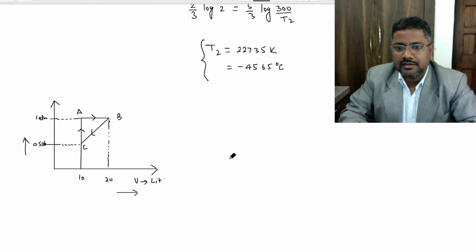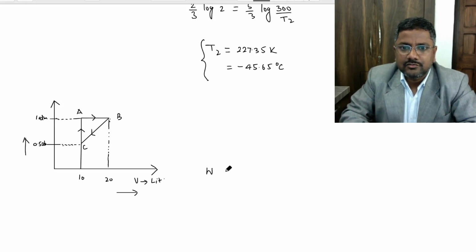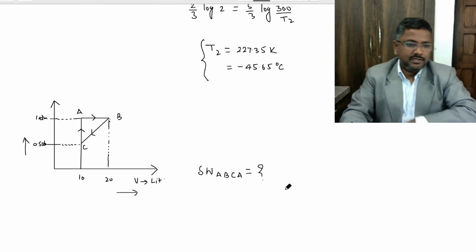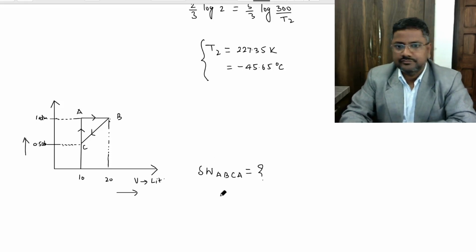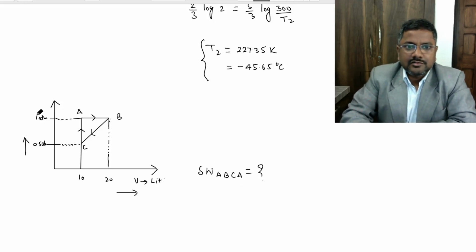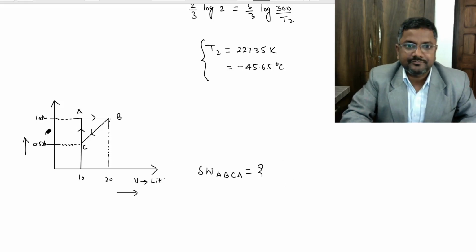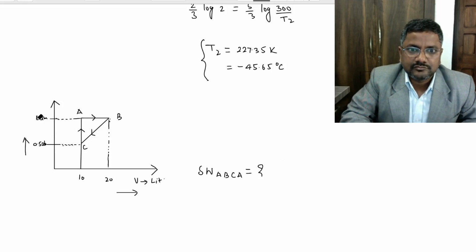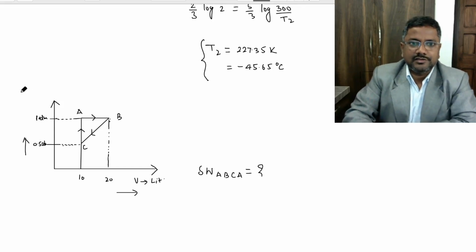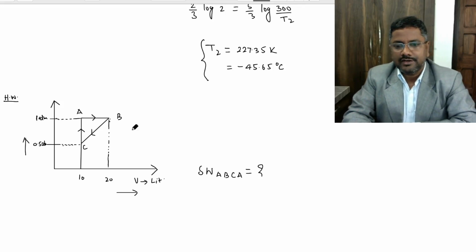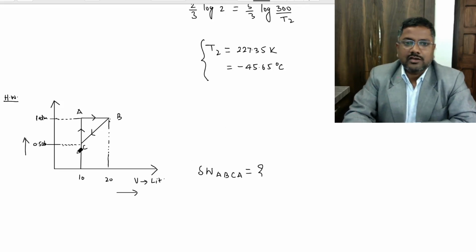So calculate W for the cycle A B C A. So this is homework. Try to calculate the work involved in this.